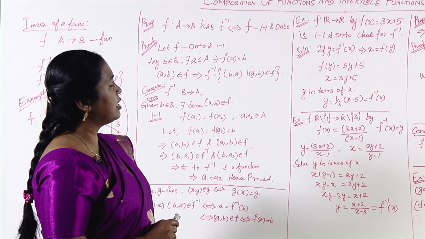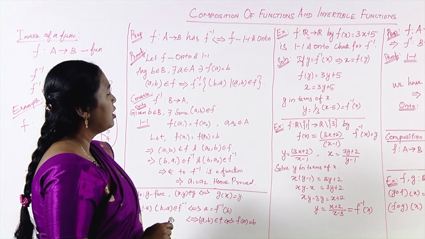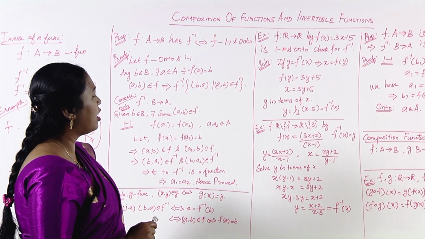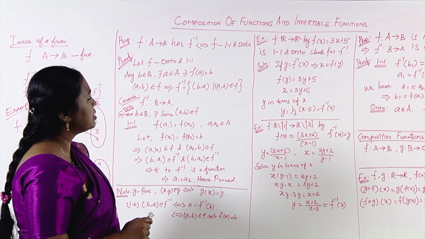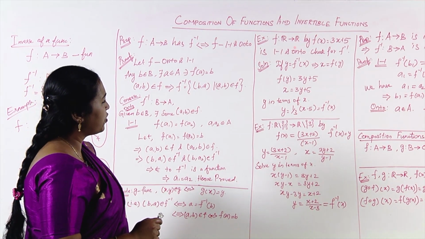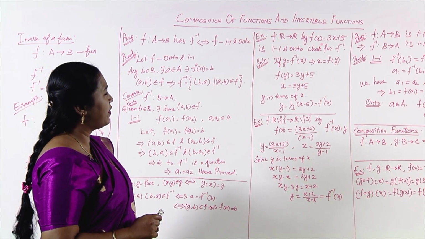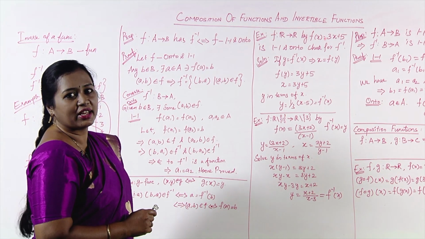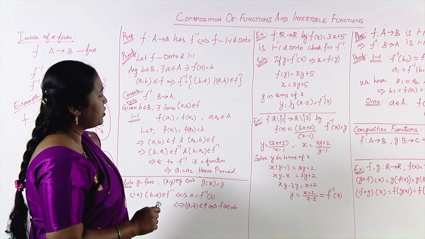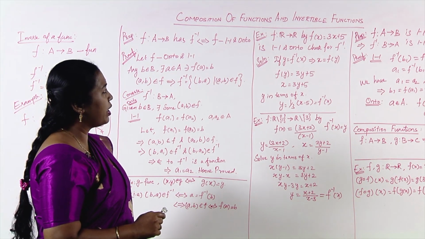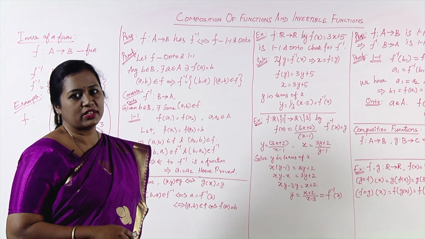Let us consider a real valued function, and let us say it is from R to R itself. So, here the domain is the set of real numbers, the codomain is also the set of real numbers, and I am defining the function f of x to be 3x plus 5. And I have to prove that it is 1-1 and onto, and I am going to check for f inverse.